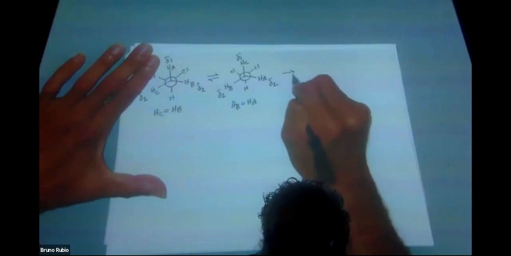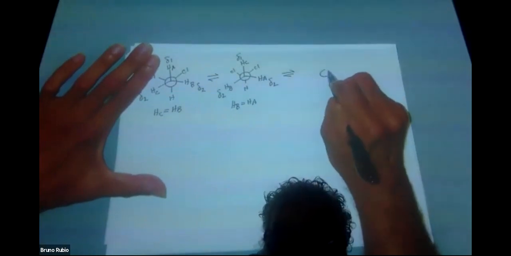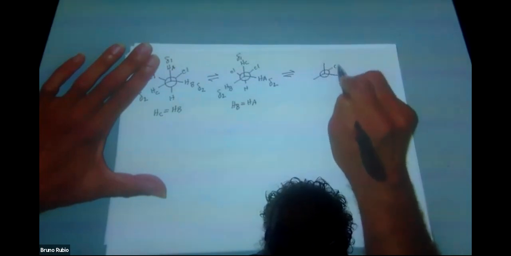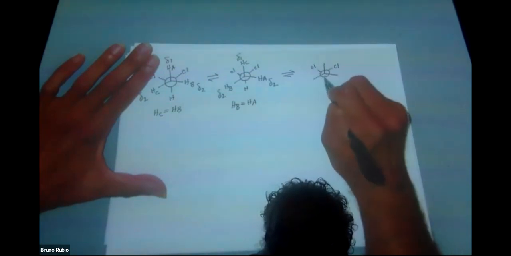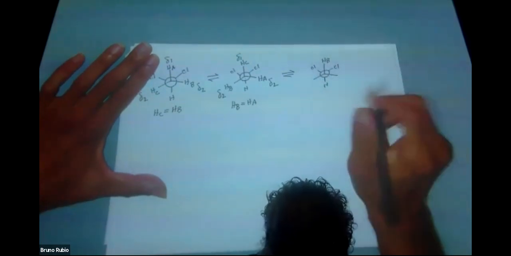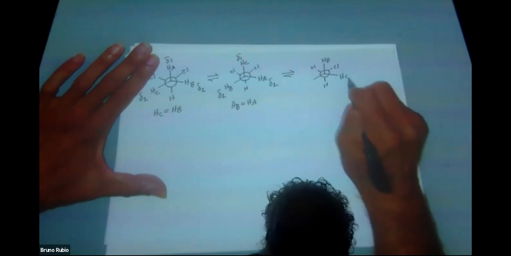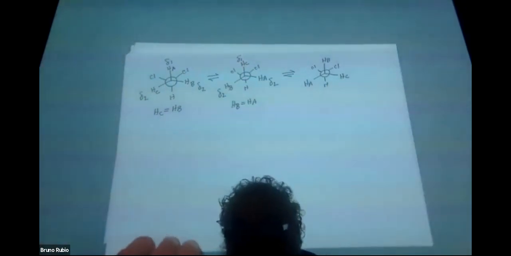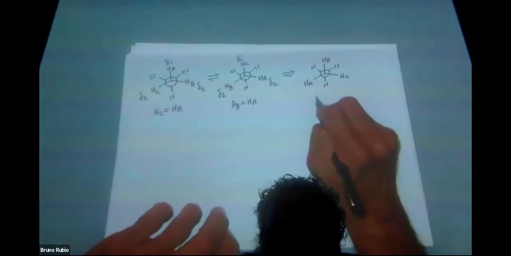Okay, so now finally, let's look in on this Newman projection one last time, a billionth of a second later. And let's see what has happened here. Now HB is up here at 12 o'clock, HC is down here, and HA is at 8 o'clock. And once again, we're expecting 2 signals.